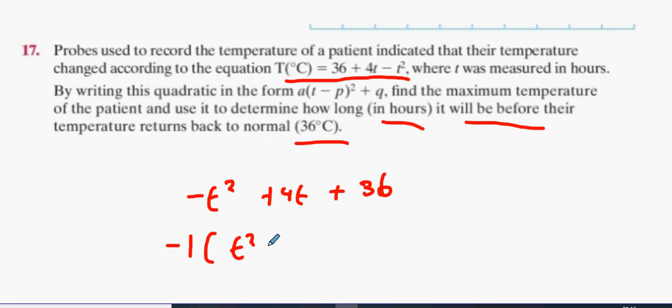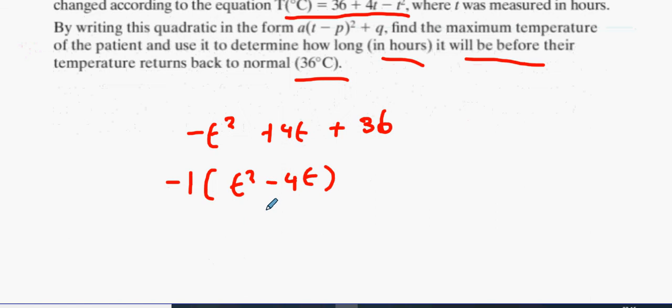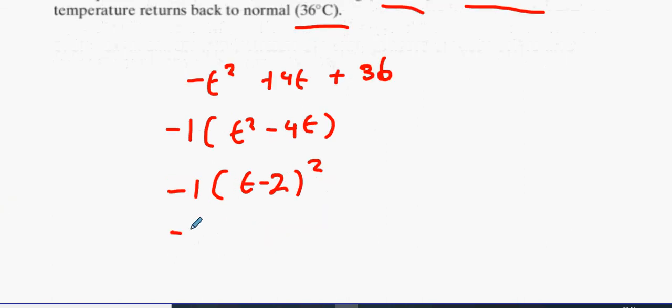Okay. Next thing after that, what do I do with this part here? Anybody? T minus 2 squared. Awesome. Multiply out t minus 2 squared and you get? Yep. And then multiply in by minus 1 and we get? Minus 1t squared plus 4t.